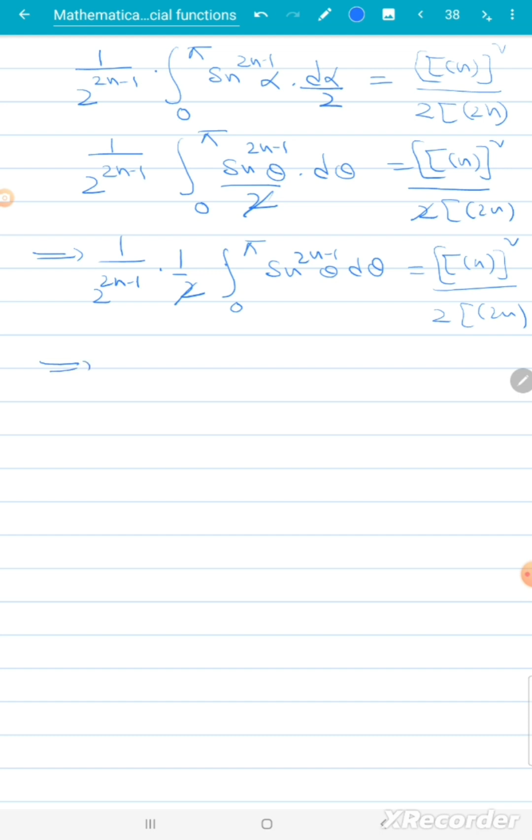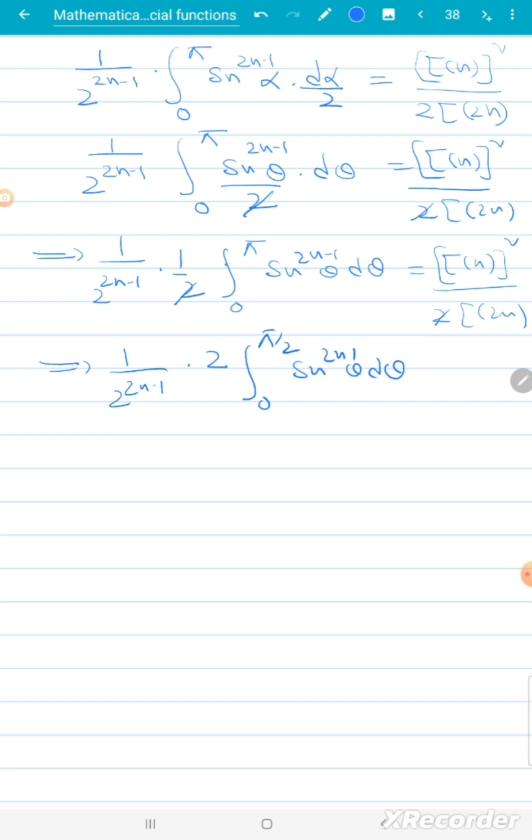So this implies 1 by 2 to the power of 2n minus 1 into 2 times the integration from 0 to pi by 2 of sine to the power of 2n minus 1 theta d theta.